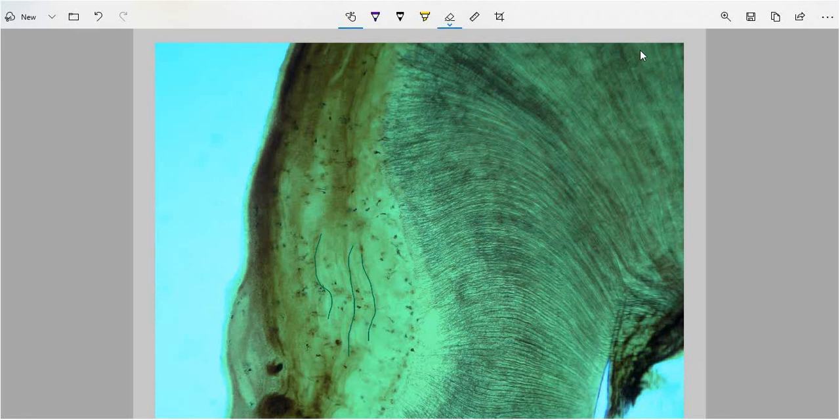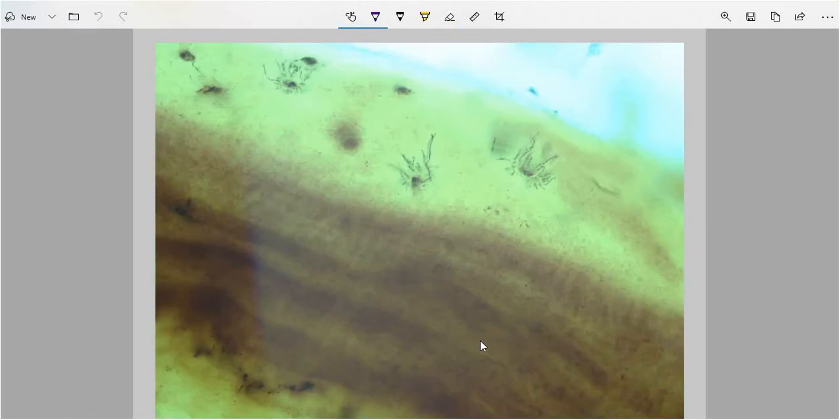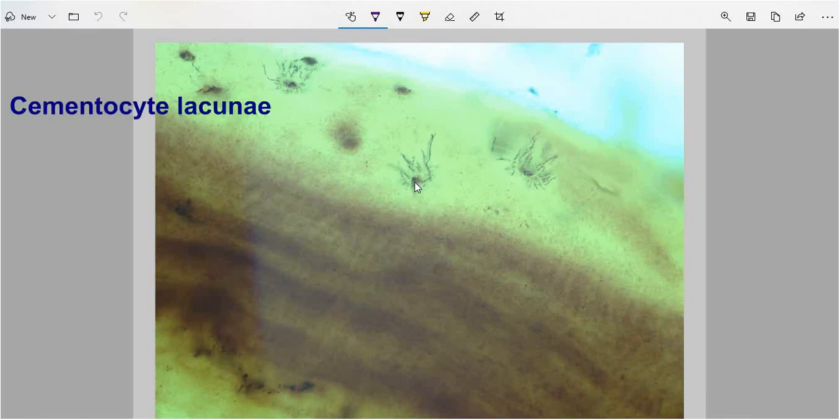Now in the next slide we will see the cementum at a higher magnification. These are known as the cementocyte lacunae.